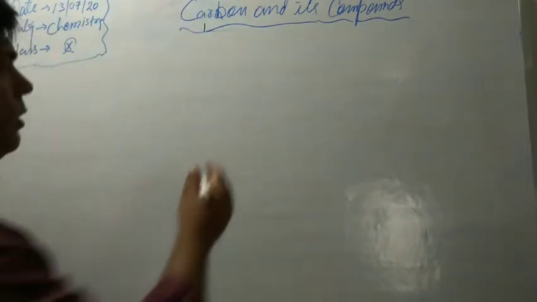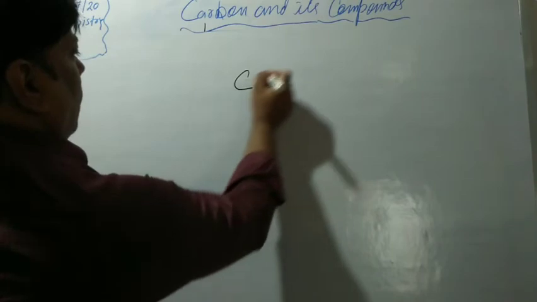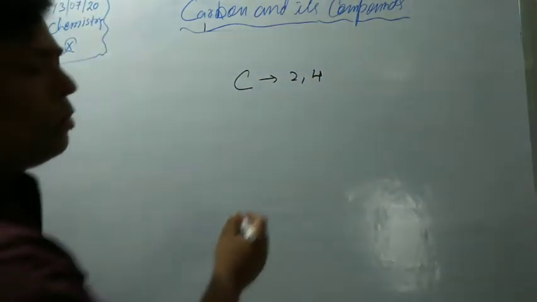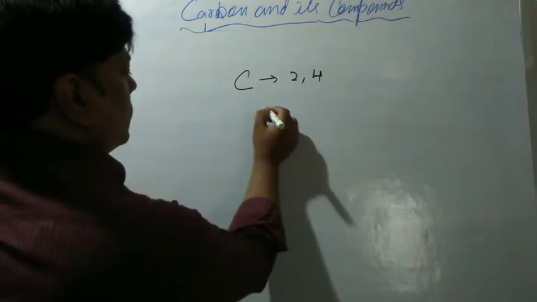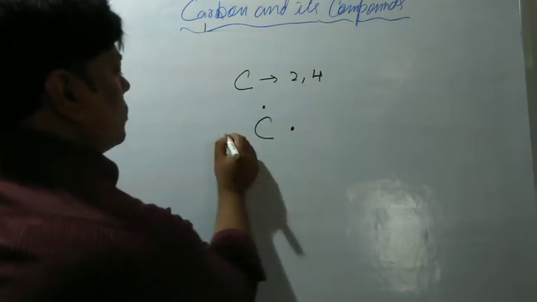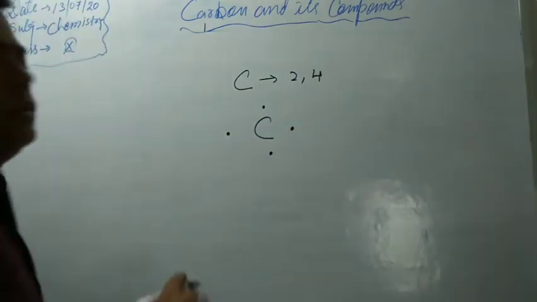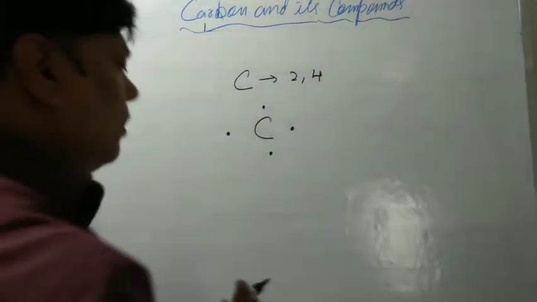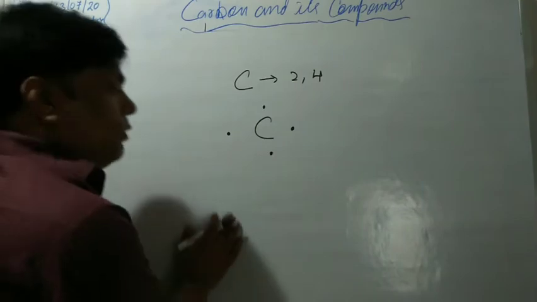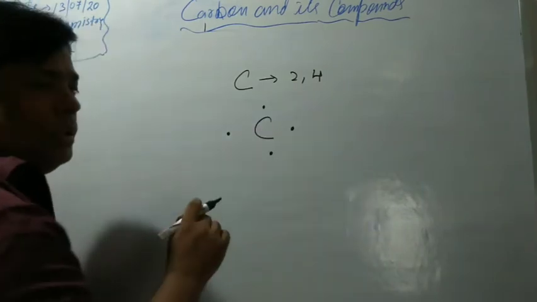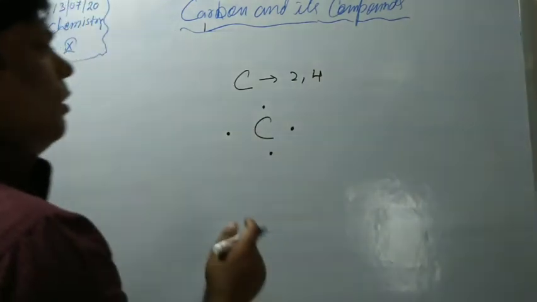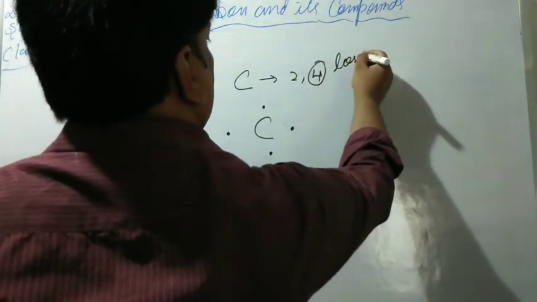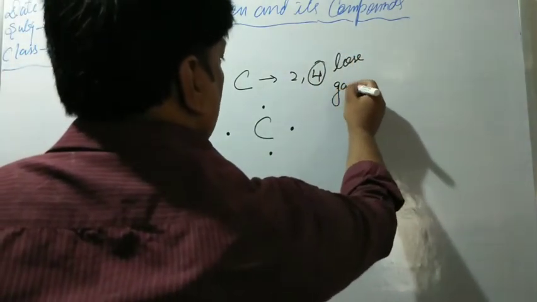Here is the electron dot structure of carbon, in which there are 4 electrons in the outermost orbit. For stability, carbon needs to complete its octet. Carbon can lose 4 electrons or gain 4 electrons.